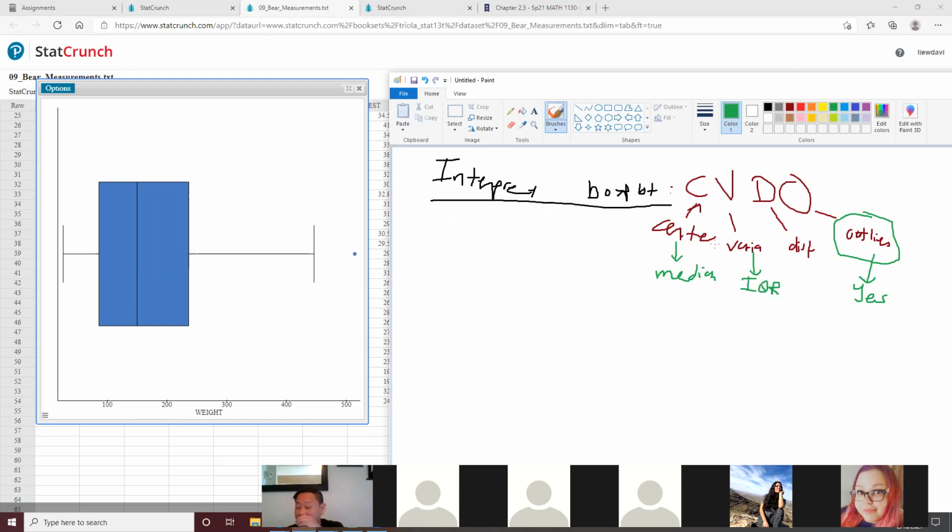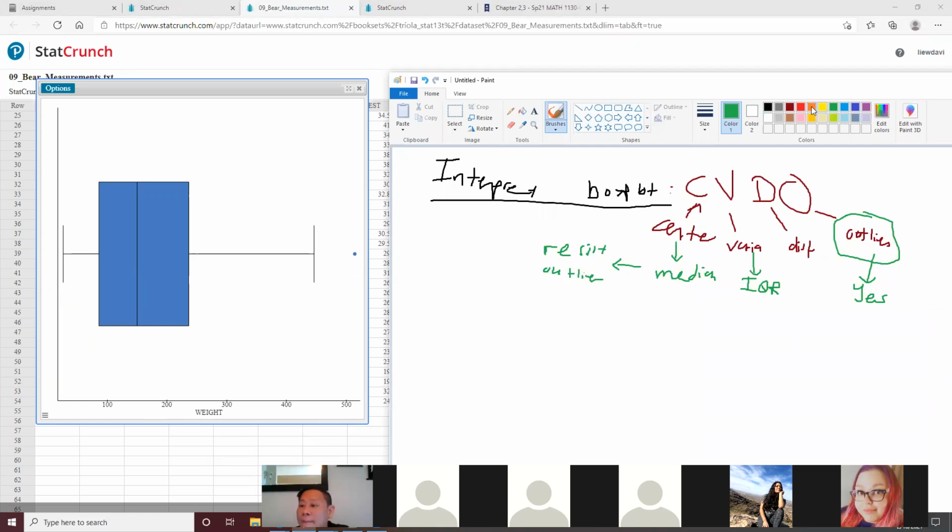The reason you have to report the median and the IQR if you have outliers is because median and IQR are resistant to outliers. That means you have outliers you need to worry about.